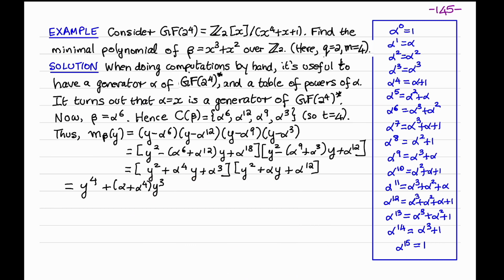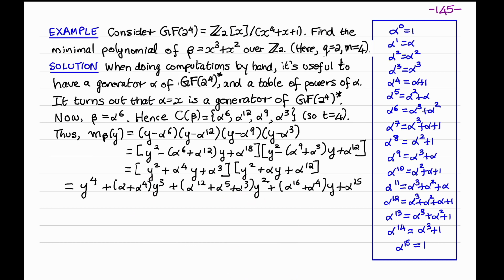Next, I get a quadratic term by multiplying this quadratic term with this constant term, multiplying the two linear terms together, and multiplying the constant term here with this quadratic term. So I get alpha 12 plus alpha 5 plus alpha cubed times y squared.